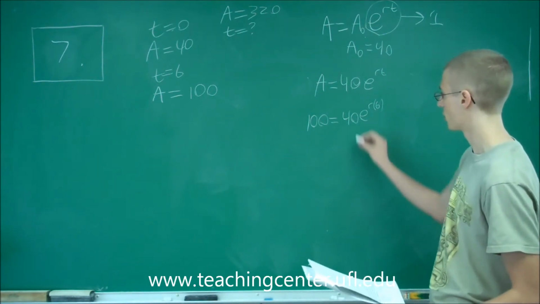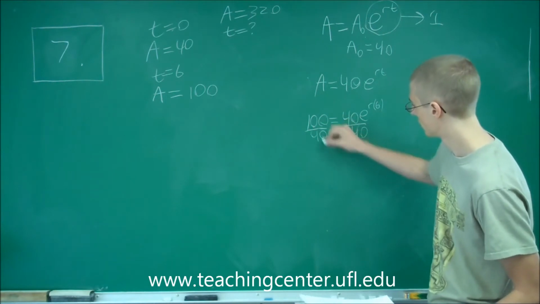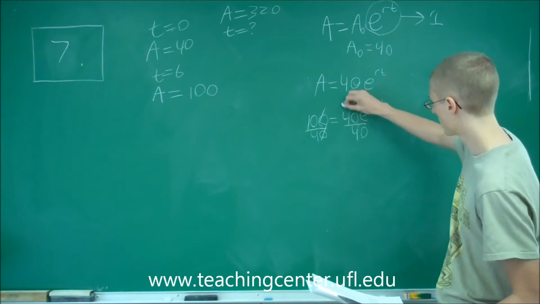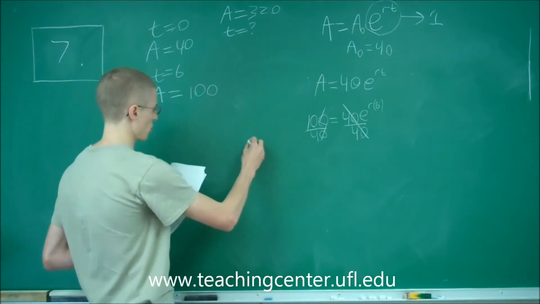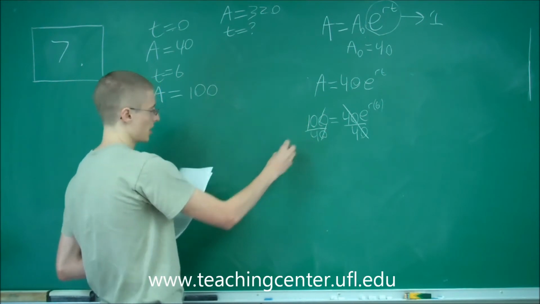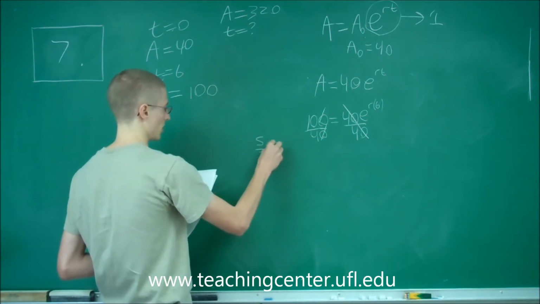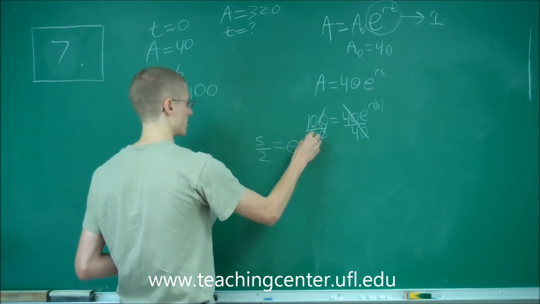So to find your r, you're going to divide 40 over to that side. And then you're going to take the ln of both sides. So 100 over 40 can be simplified to 5 over 2 equals e raised to the r times 6.